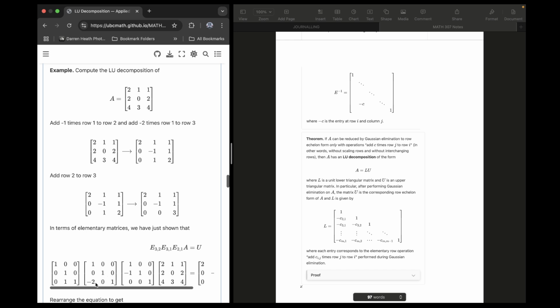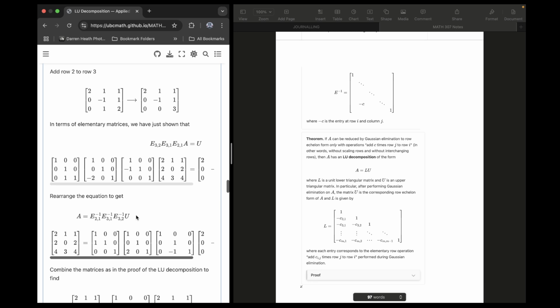Then -2 times row 1 to row 3. Oh, I see. If column 1 is like row 1 stuff, column 2 is row 2 stuff, and you're adding stuff from row 2 to row 3, then you go to column 2. There's a 1 here, so we're adding 1 times row 2 to row 3.